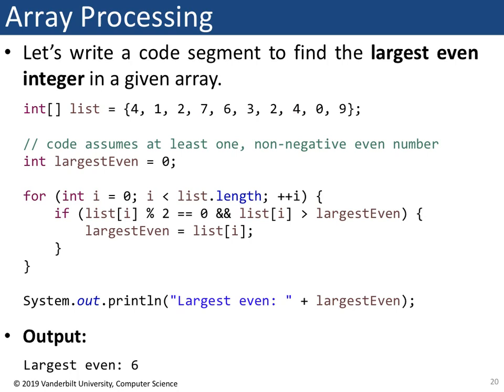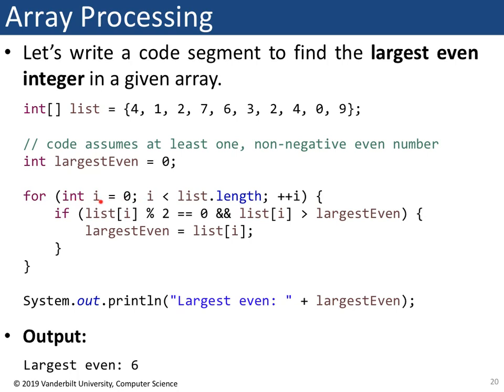So now let's look at the code to be able to find the largest even integer in this list array. We need to initialize a variable called largest even to keep track of what our current largest is. And then we need to process each element in our list array. To do that, we will declare a for loop, and we will start it at 0.